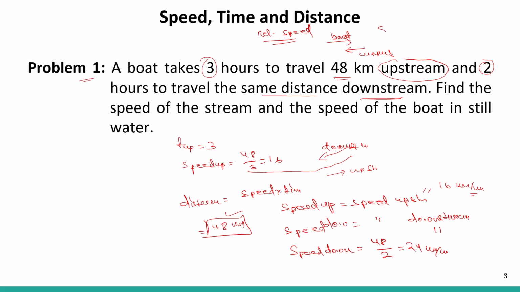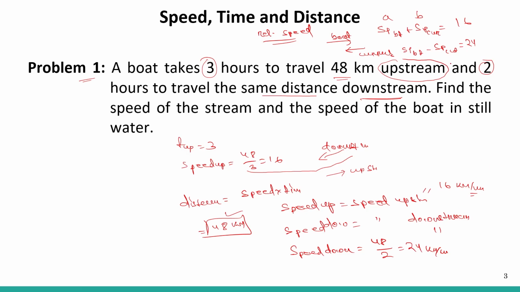So speed of boat plus speed of current is equal to 16. Let this be A and let this be B. Speed of boat minus speed of current is equal to 24, since the downstream speed is 24 kilometers per hour.